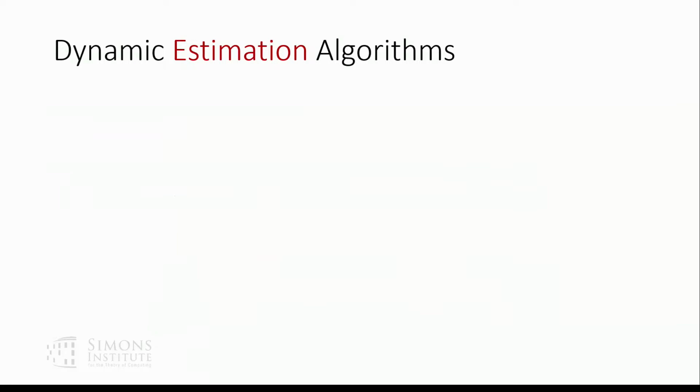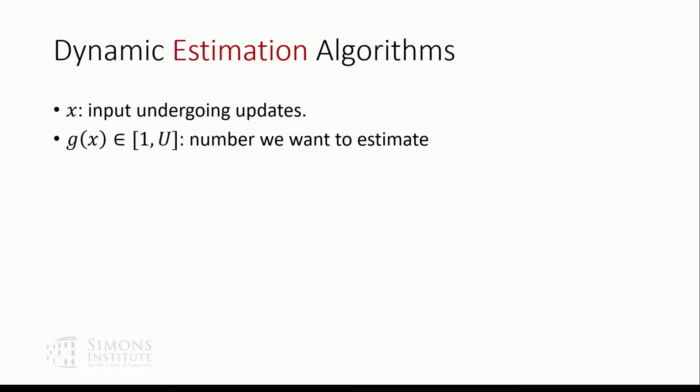And now we will consider dynamic algorithms for estimation problems. What do I mean by this exactly? When you have X as a dynamic input, let's say that g of X is just some function depending on the input. It can be the size of the minimum cut, s-t distance, anything, just some function.